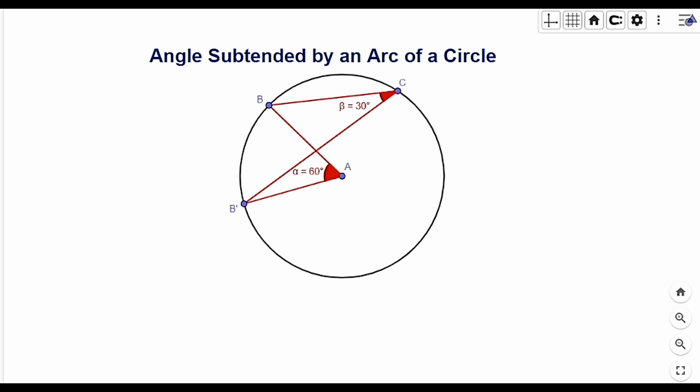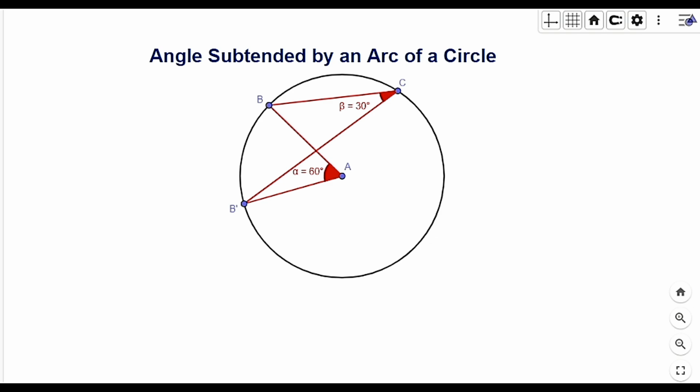Now you can see that the arc BB dash forms an angle BAB dash at the center and an angle BCB dash at the remaining part of the circumference of the circle.